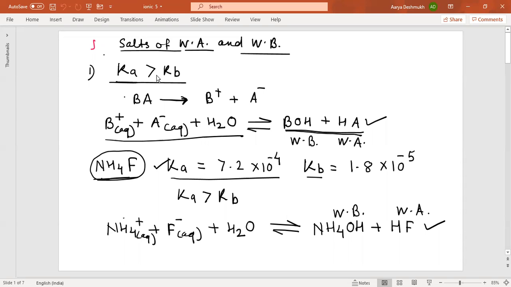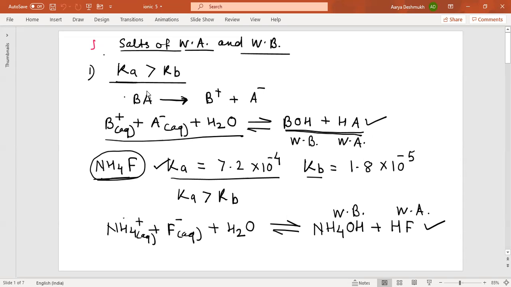So when Ka is greater than Kb, you can write that this BA, which is a salt, will dissociate as B plus and A minus. When these ions undergo hydrolysis, you'll get BOH plus HA, that is weak base and weak acid.